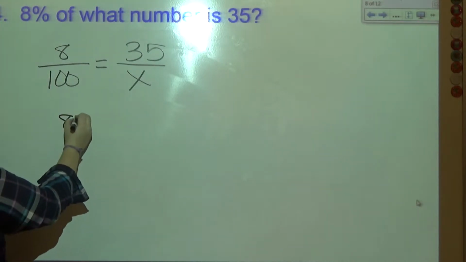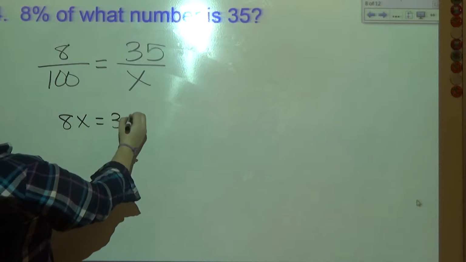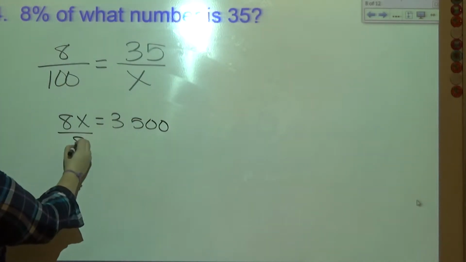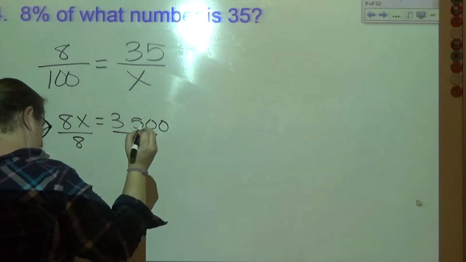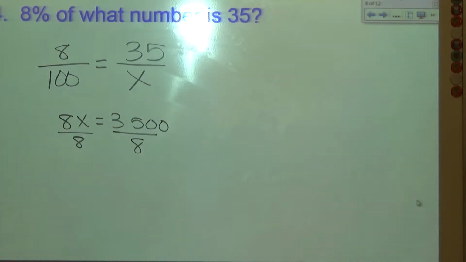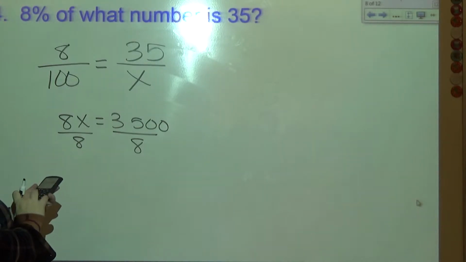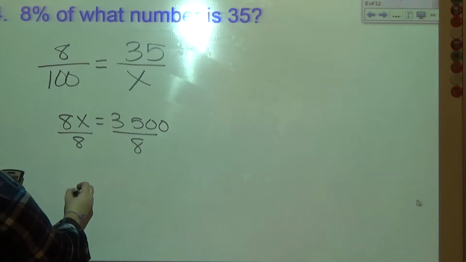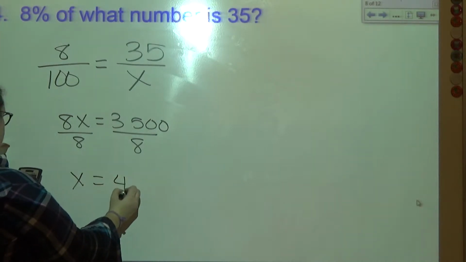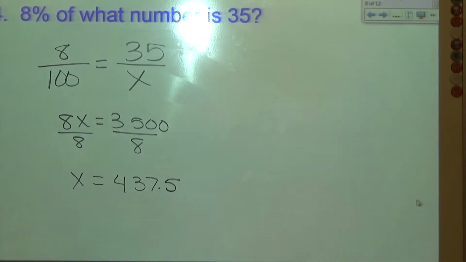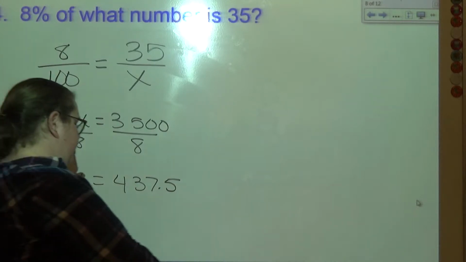Cross multiply, 8x equals 3,500. Divide by 8. 3,500 divided by 8 is 437.5. That's it. Next one.